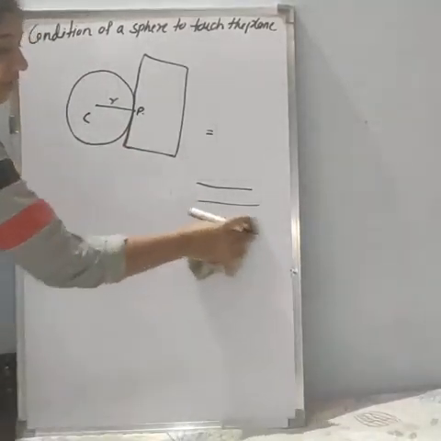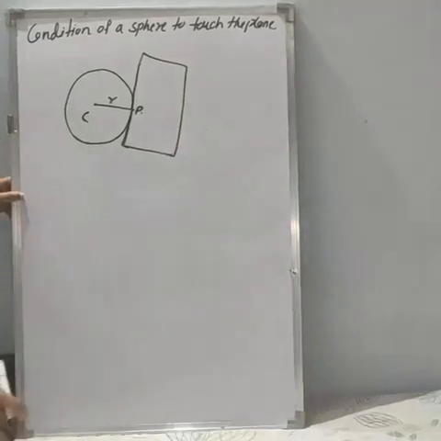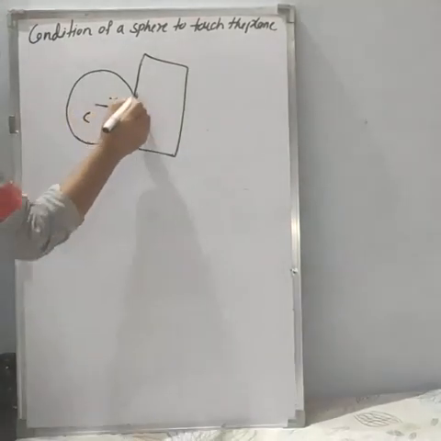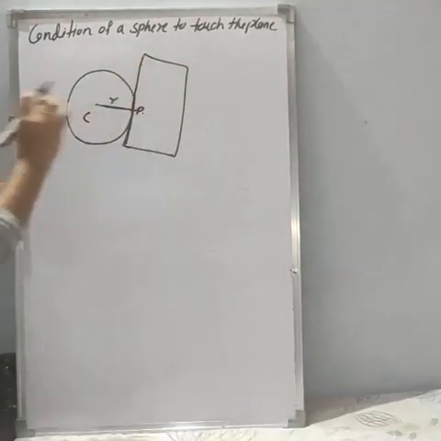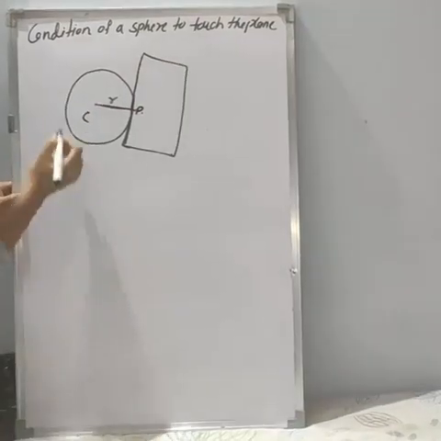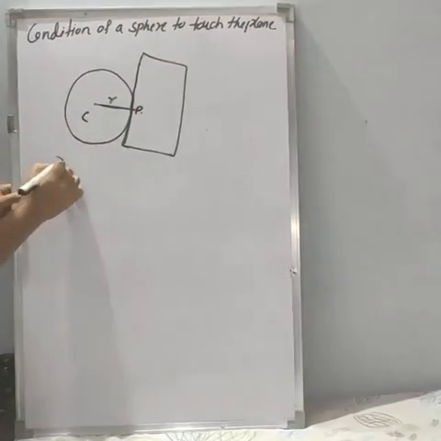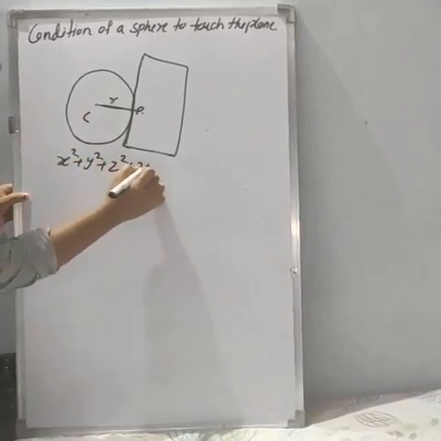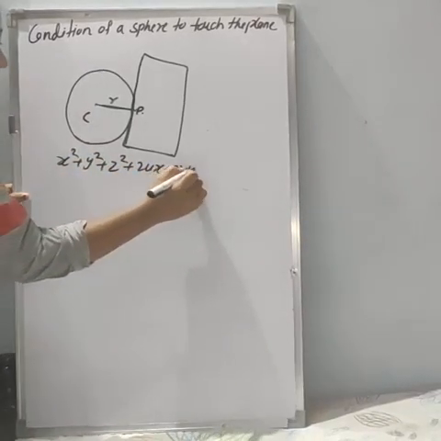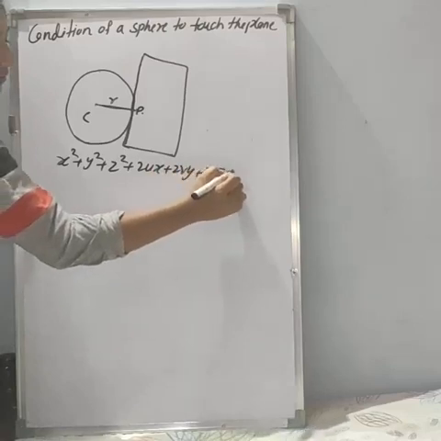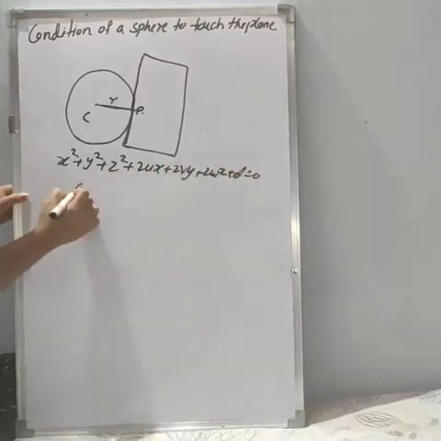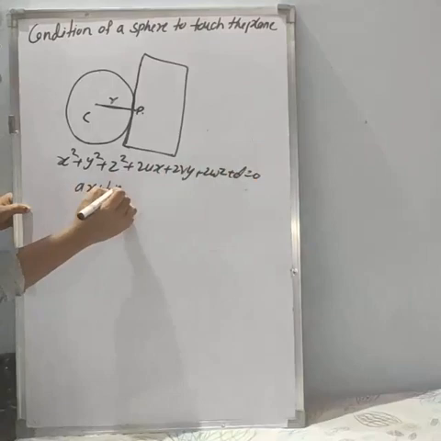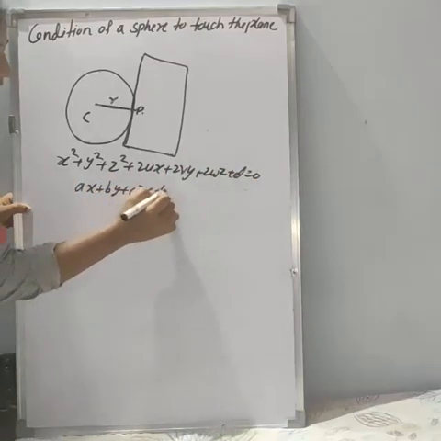Now we know how to find the center and the radius of the given sphere, but we have to see how to find this perpendicular distance from the center to the plane. Suppose the given equation of a sphere is x square plus y square plus z square plus 2ux plus 2vy plus 2wz plus d is equal to 0, and the equation of a plane is ax plus by plus cz plus d is equal to 0.